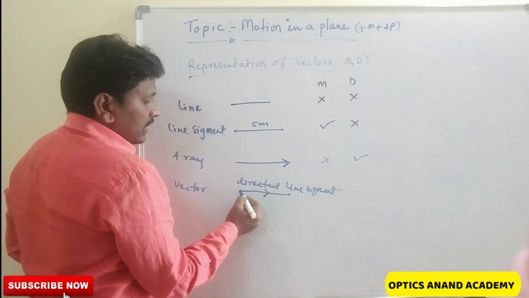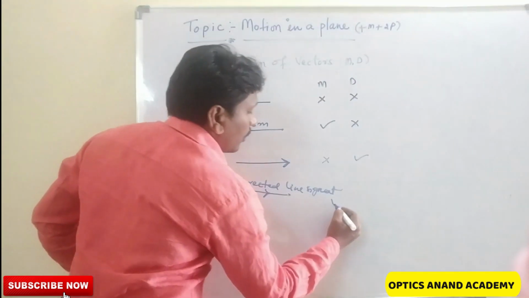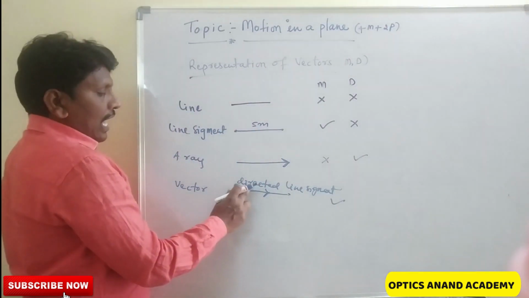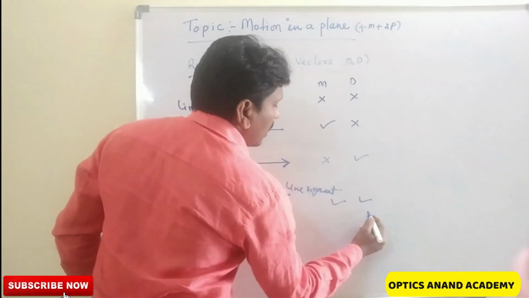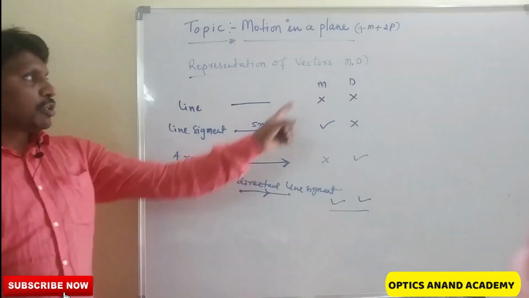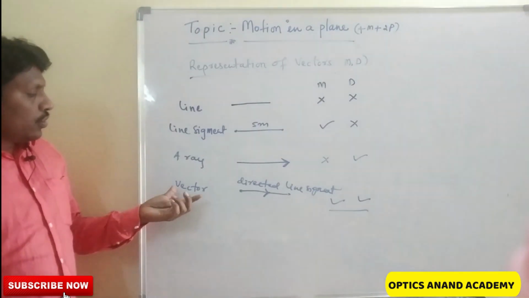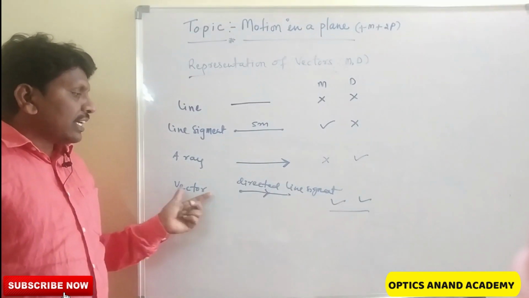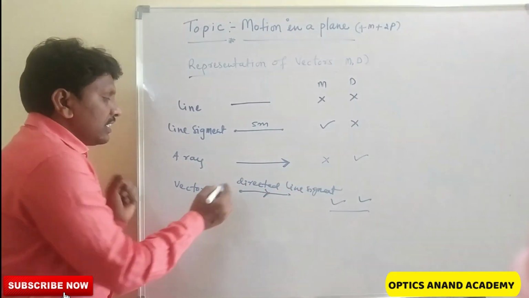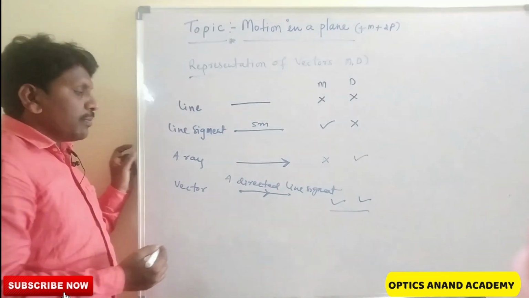Let us check the magnitude and direction here. Yes, it is a line segment having magnitude, and it has a direction or ray property, that is, having direction. We can simply measure both magnitude and direction. So we can simply define a vector as a directed line segment.